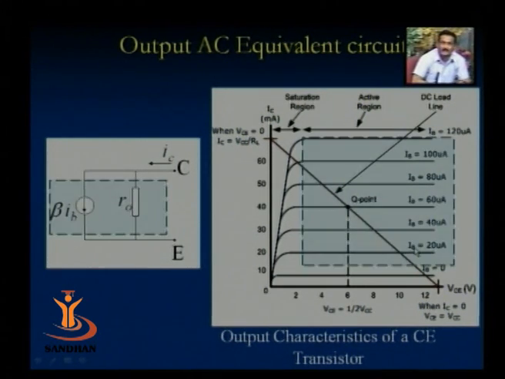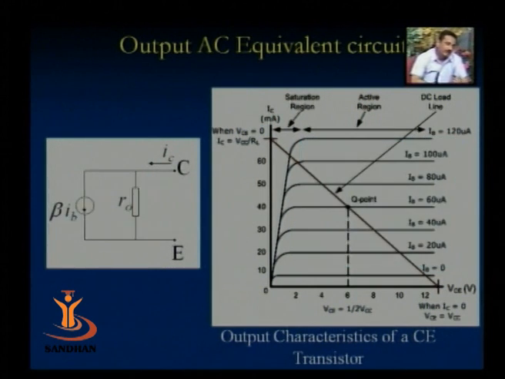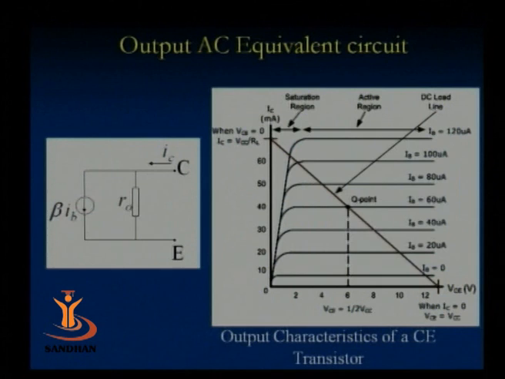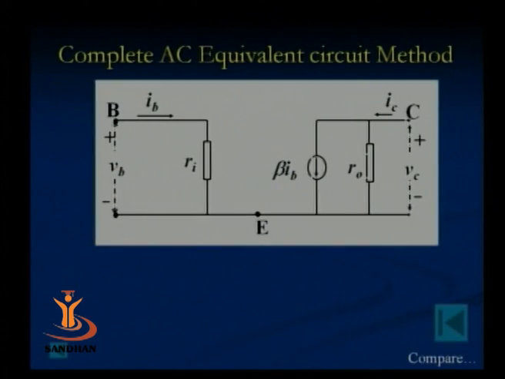We represent that by beta IB, where beta is the current amplification factor. So beta IB is the current the output port gives to us, and RO is the output resistance given by the transistor. So the output equivalent circuit is like this, and if we combine these two, we get the complete AC equivalent circuit of the transistor. So this is the equivalent circuit method.